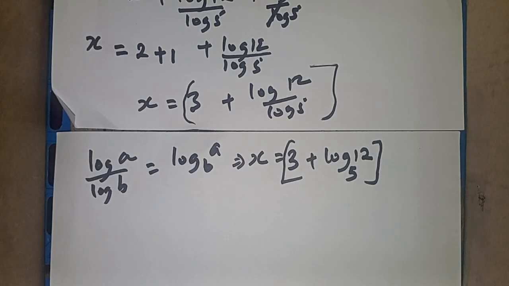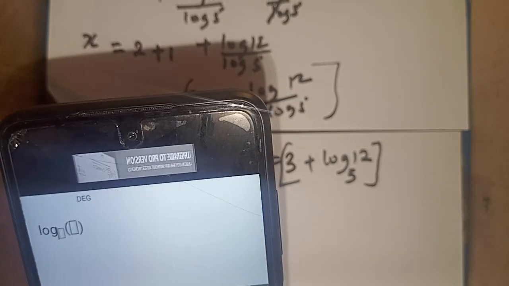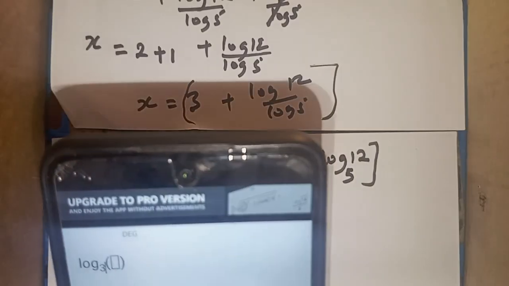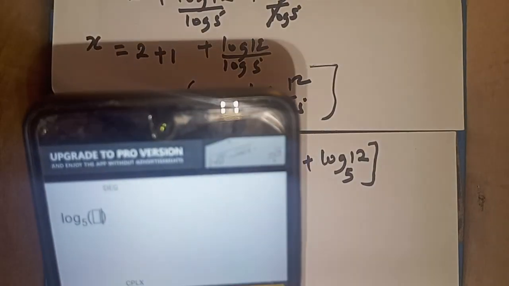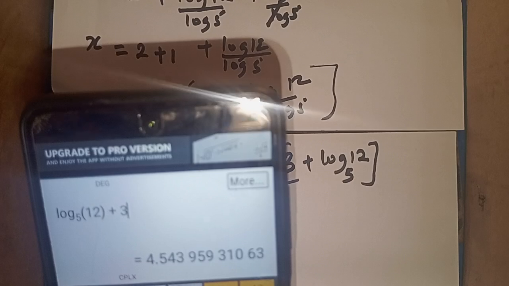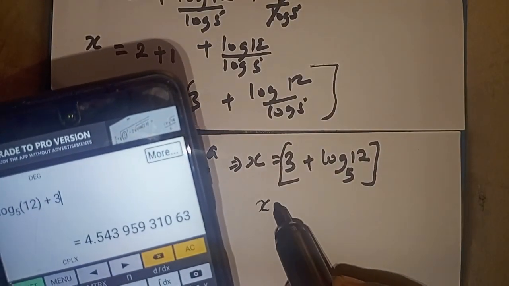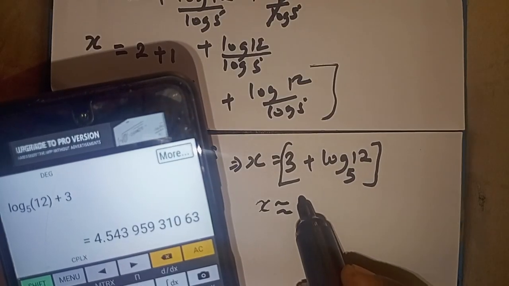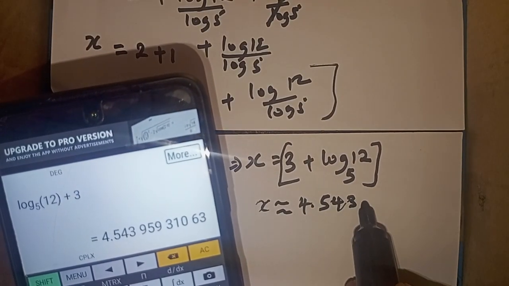And this, from the scientific calculator, is equal to, let me compute, log base 5 of 12, and of course we want to add 3. We get that this answer is approximately equal to 4.543.